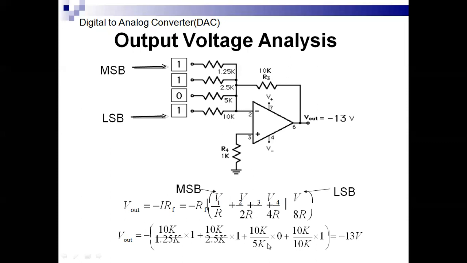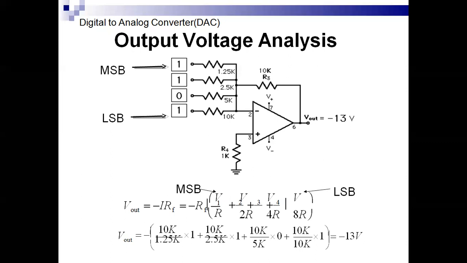Third, 5K, and last one, 10K. Now here we are putting the value: input value 1 multiplied by 1, 0 multiplied by 0, then 1 multiplied by 1, and 1 multiplied by 1, that is the MSB. So we are counting it, and it is going to convert to minus 13 volts in terms of output.